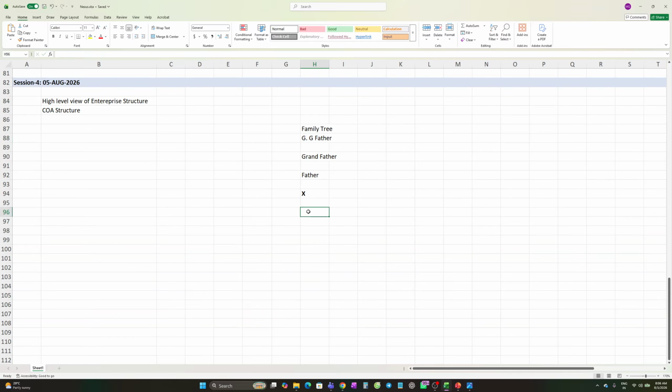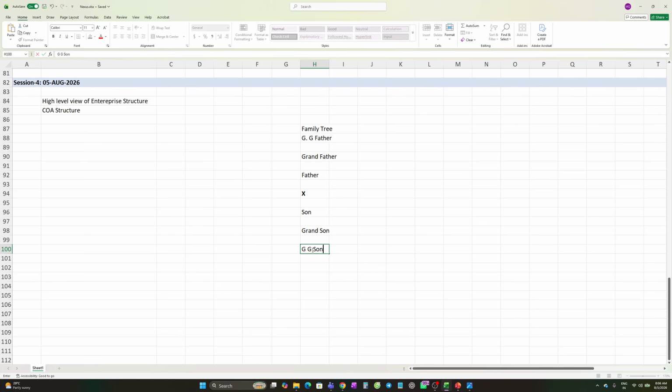If you take the lineal descendants of X, X has a son, and X has a grandson. X has a great grandson.